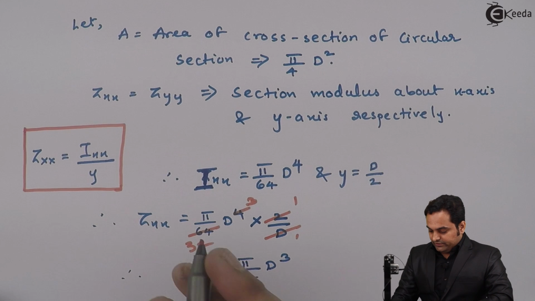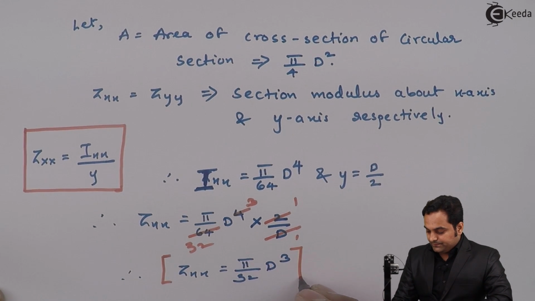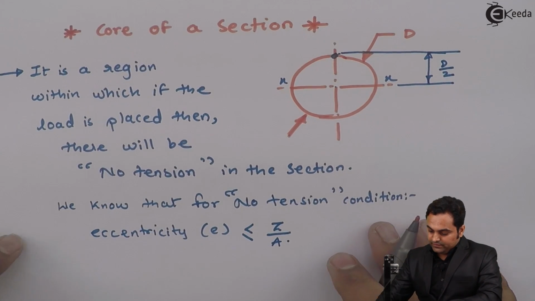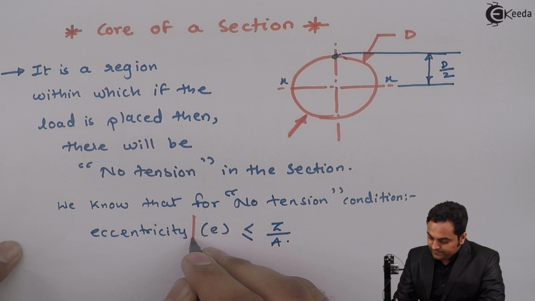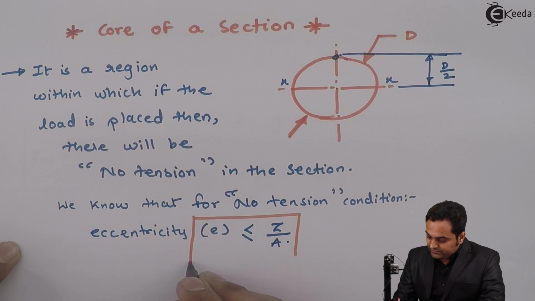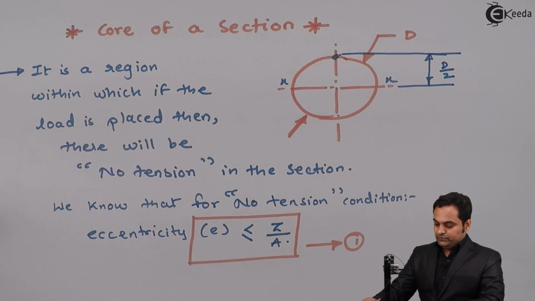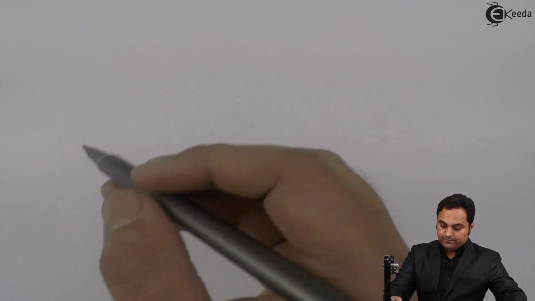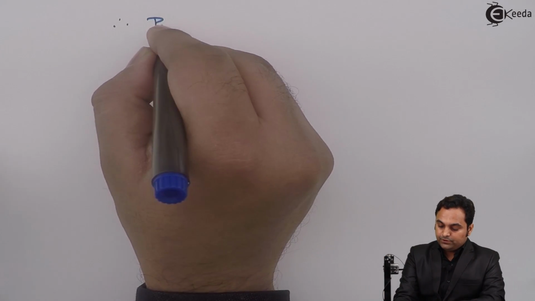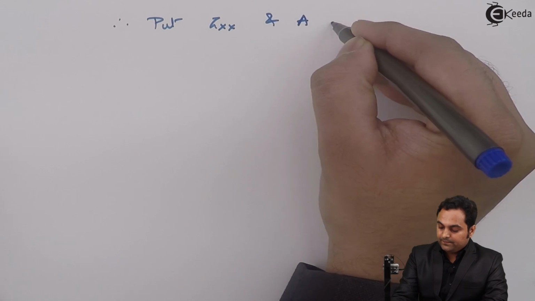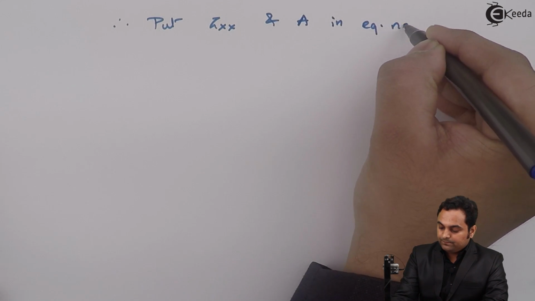Now after getting Zxx value, I'll put Zxx and area in this eccentricity which I have written, keeping this as the first equation. So now I'll put the values. So therefore put Zxx and area in equation number 1.